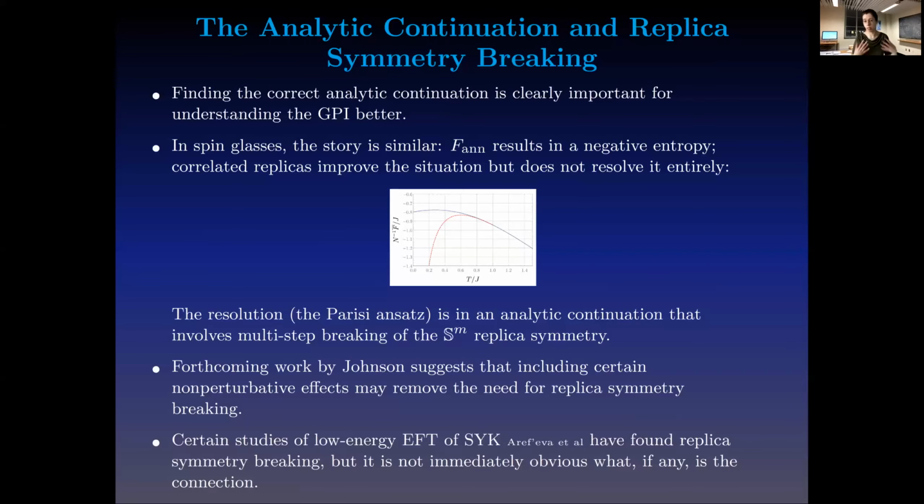In other words, they may give you the correct analytic continuation. Now, the analogy with spin glasses is tantalizing, but so is the idea that non-perturbative effects could remove the need for replica symmetry breaking altogether. As an aside, there are also certain studies of the low energy effective field theory of SYK that have also found replica symmetry breaking. It's not immediately obvious, given the limit that they work in and the limit that we work in, that there is a connection, but it is a tantalizing possibility.